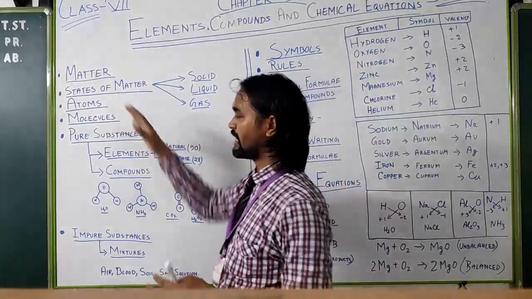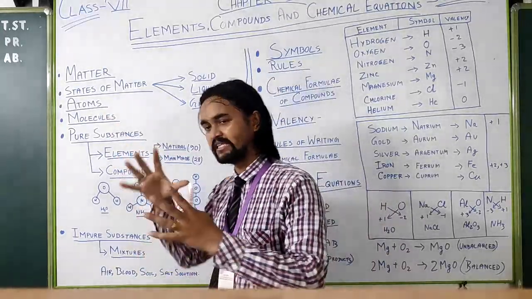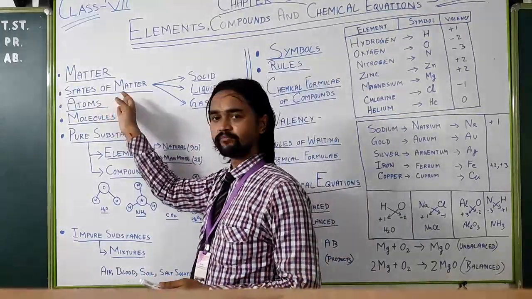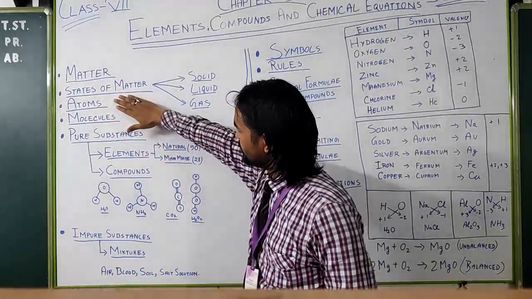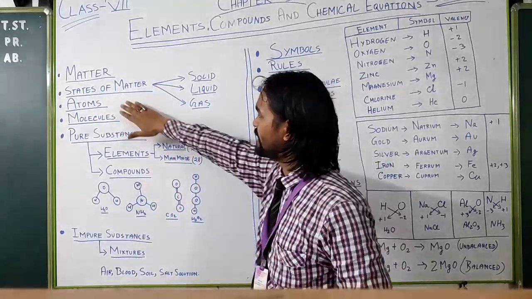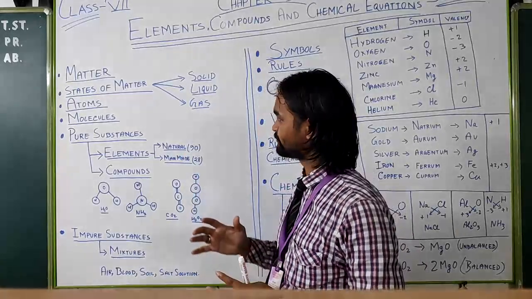If the atoms are of the same kind, that means each and every atom has the same mass and the same property, then we can say that the matter is made up of the same type of atom, that is homoatoms.